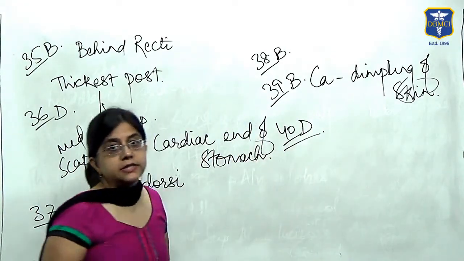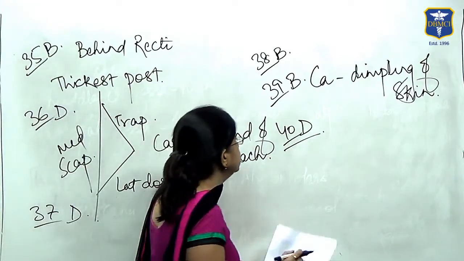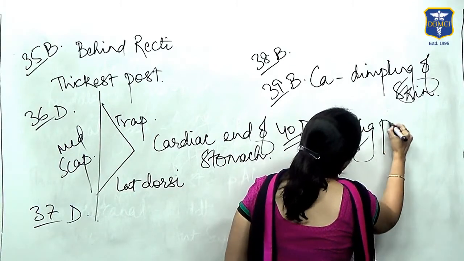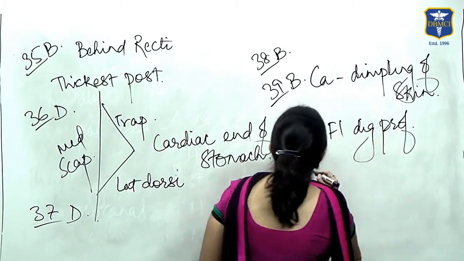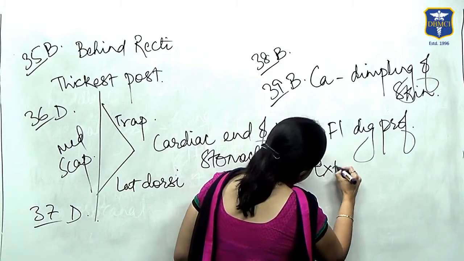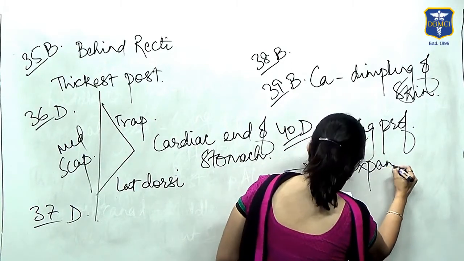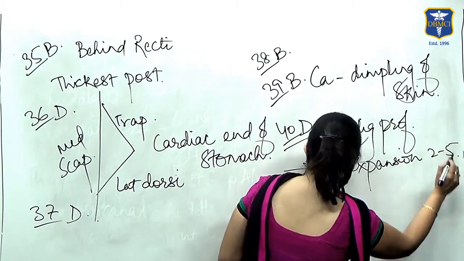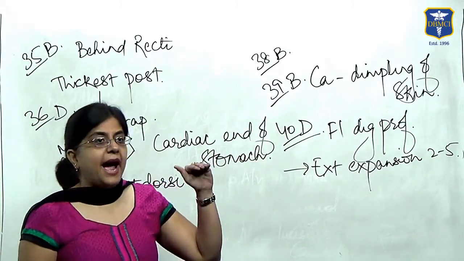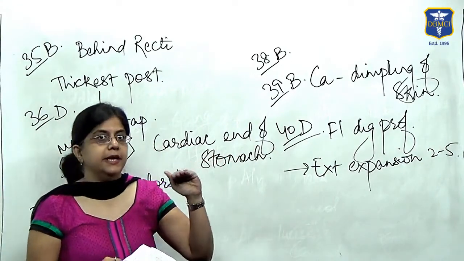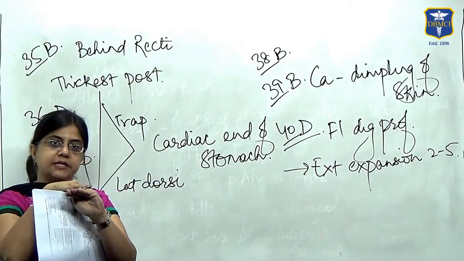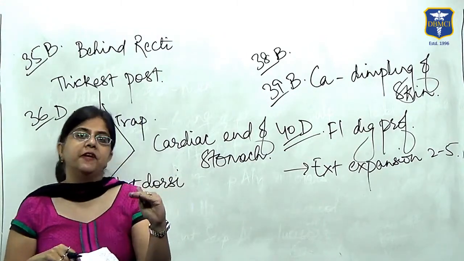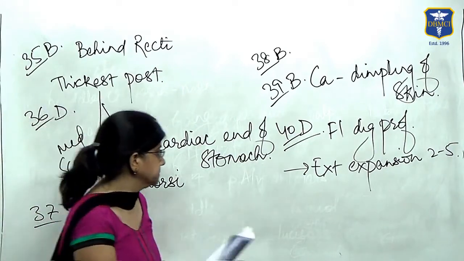These lumbricals arise from the tendons of flexor digitorum profundus. They get inserted into the extensor expansion of the digits 2 to 5. The action of lumbricals is flexion at the metacarpophalangeal joints and extension at the interphalangeal joints.